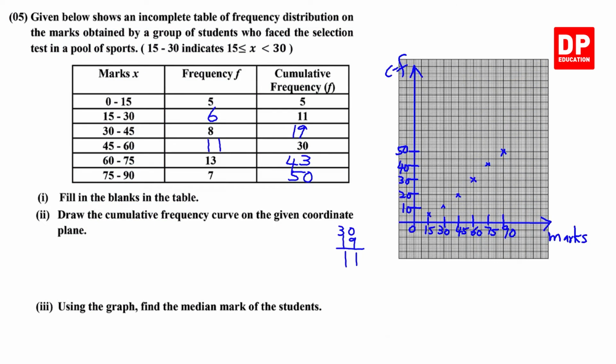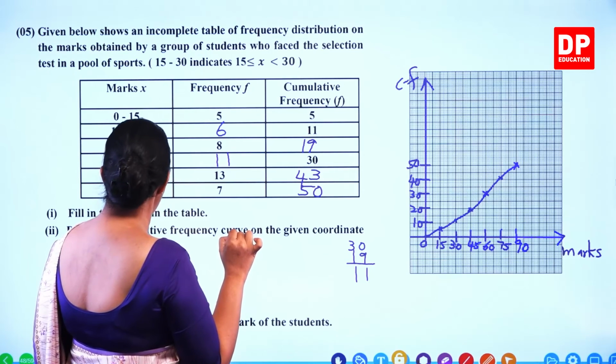Now you can smoothly connect and then you can join the lowest boundary there. So that's the cumulative frequency curve.